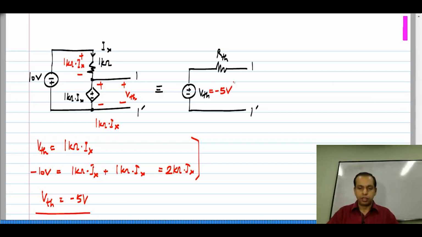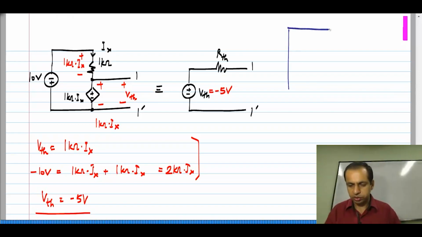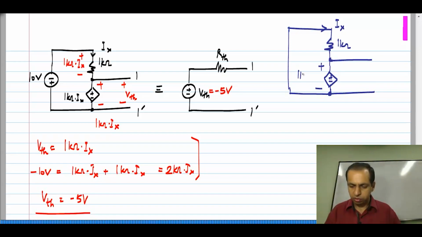Okay. And to calculate Rth, I have to take this circuit, disable the independent sources, but retain the dependent sources exactly as they are. Okay. So, I short the 10 volt independent source, and I have 1 kilo ohm here. Ix is defined exactly the same way as before, and this voltage is 1 kilo ohm times Ix.